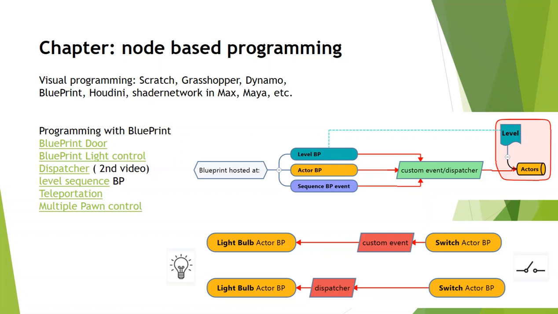Maybe you have multiple objects in the scene, depending on the switch, right? When you switch on, only one object in that puzzle will light up. But if you switch off, another object will light up, right? So you can see the patterns. I mean, that could be the scenario, the situation for using the custom event.